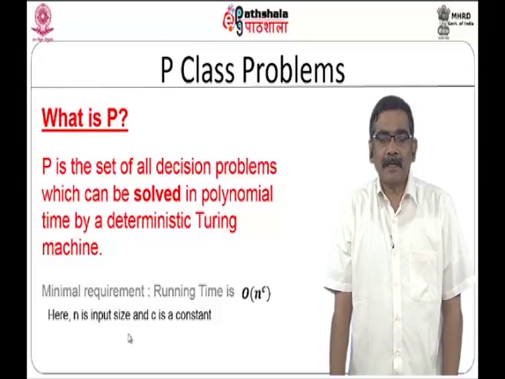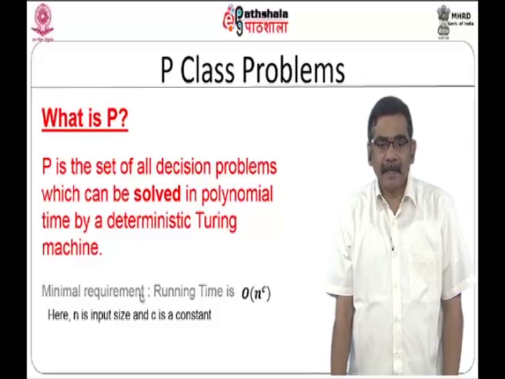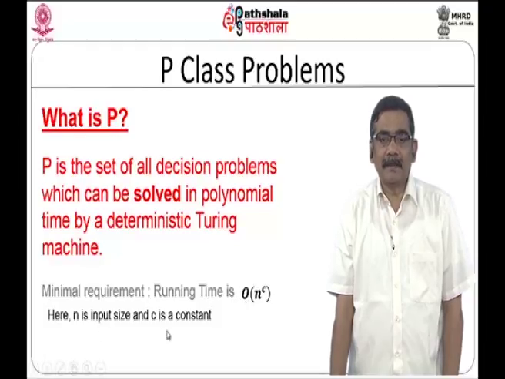What is the characteristic of this P class? P class problems are solvable in polynomial time, and we can say in general the running time is order of n power c, where n is the input size and c is a constant.